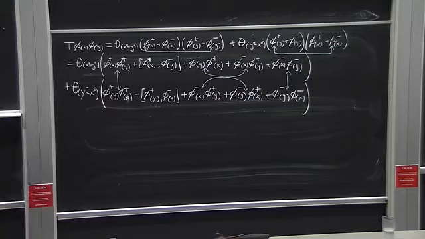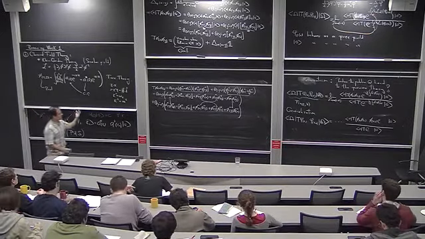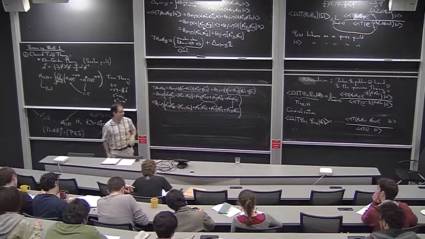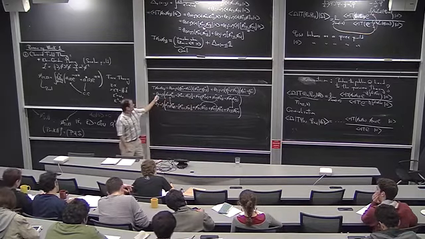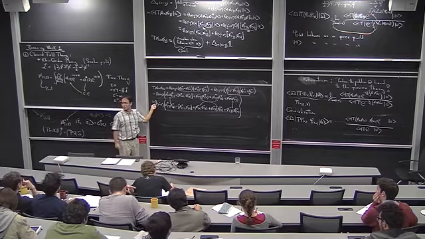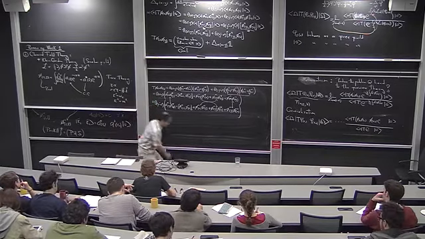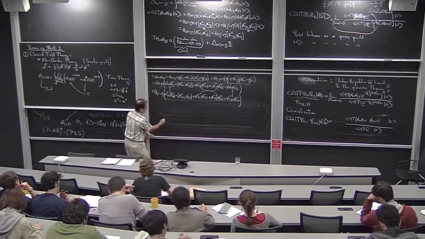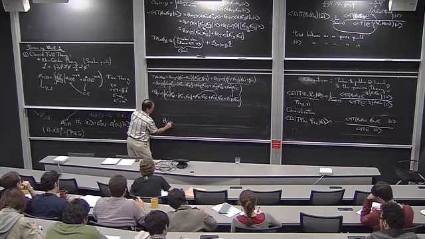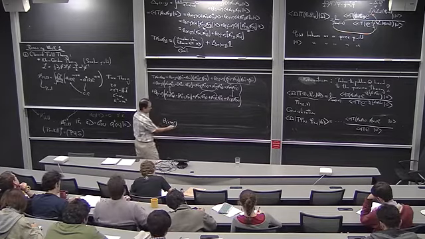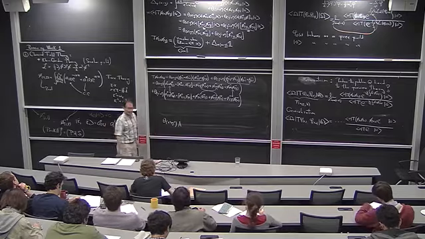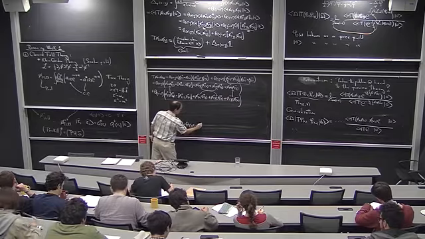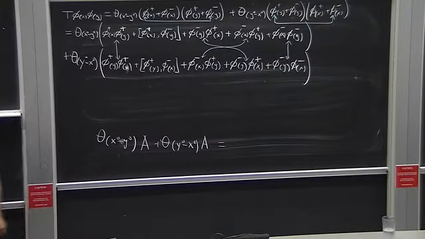So isn't that nice? Somehow, the things that we order naturally, that have a natural order, appear on both terms, right? And if you have theta of x0 minus y0 times something, times A, plus theta of y0 minus x0 times A, what do you get?